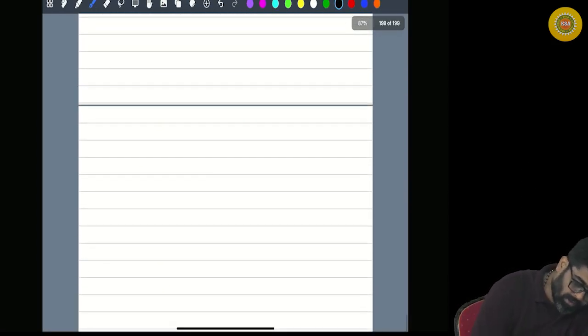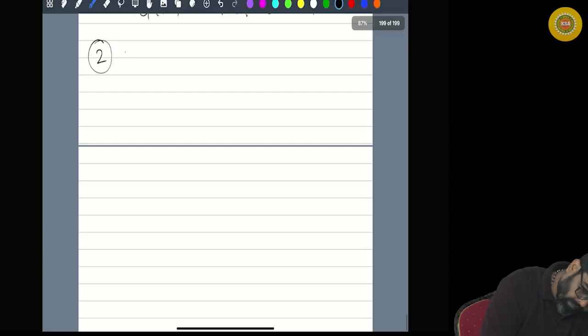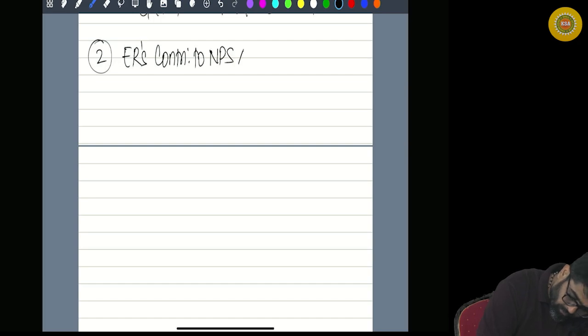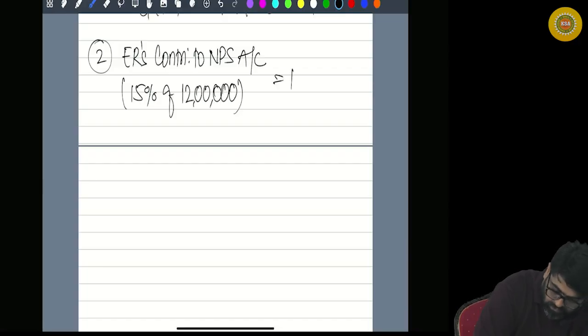Now I will write point number 2. Employer's contribution to NPS account. How much was that? Same, 15% of your basic, 12 lakhs, that is 1,80,000.